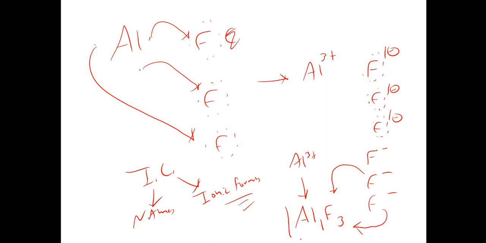So the proper ionic formula is Al1F3. Ones tend to be implied in chemistry, so the other way of writing it is AlF3, where the 1 is implied. So now you know where the subscripts come from.